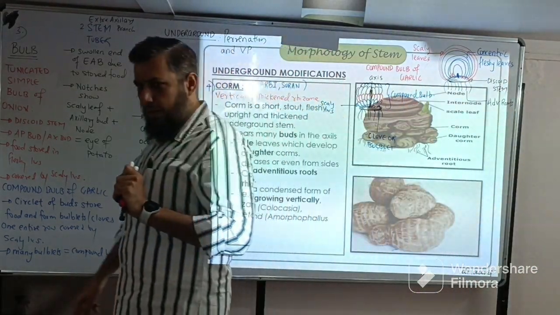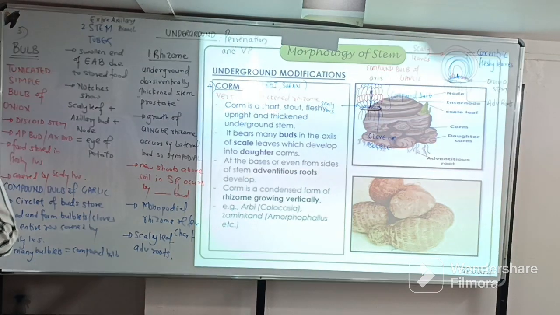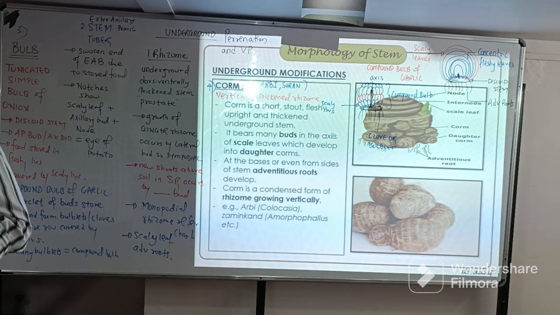Okay everybody. Yes, Tanvi, please stand up. Where does the stem tuber grow? Which part does the stem tuber grow? Tip of axillary bud? Wrong answer. It's a tip of a bud or branch?